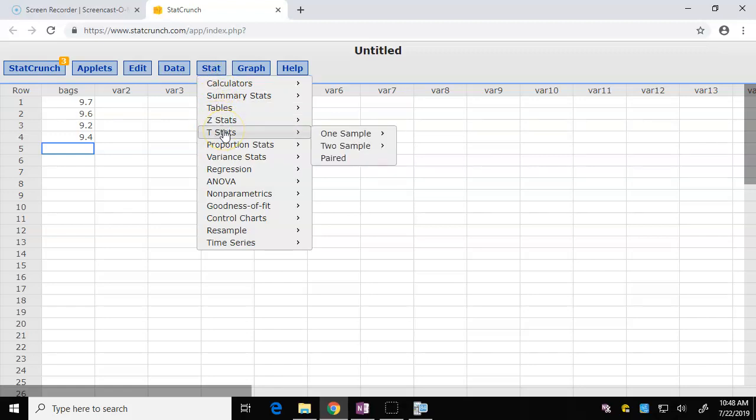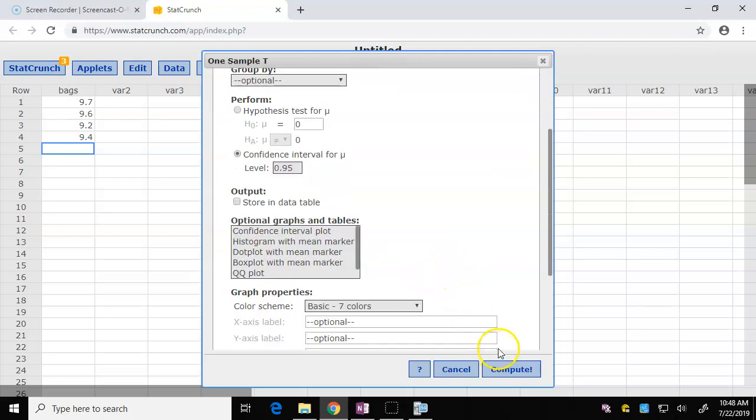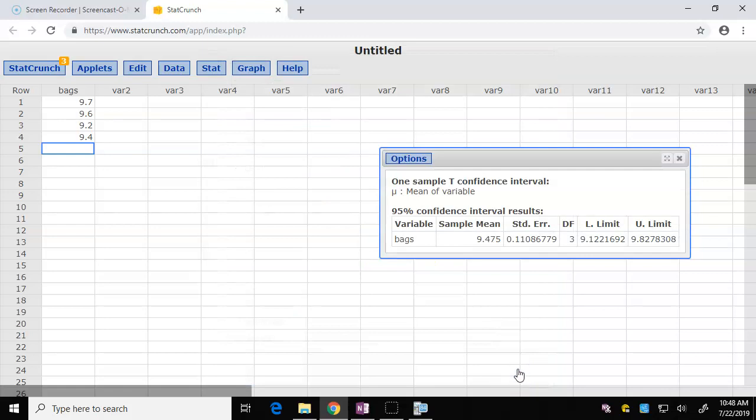Chapter 9 is all about that. What do we have? One sample, two sample, paired. One sample, with data or with summary? With data. So select our column. We're not hypothesis testing, we're doing a confidence interval, right? And then we're good to go.